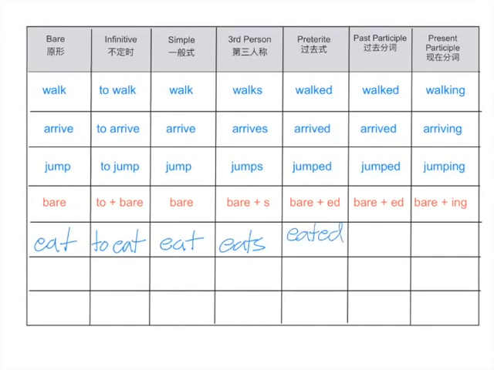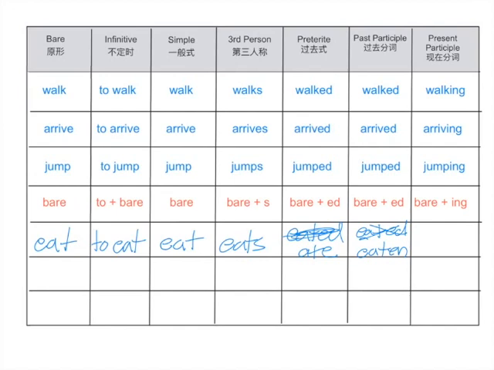The bare form is eat, add an ed, and you would get eated. But this is incorrect. The preterite form of eat is ate. Likewise, the past participle of eat would also be eated if we were following the rule, but the past participle of eat is actually eaten.